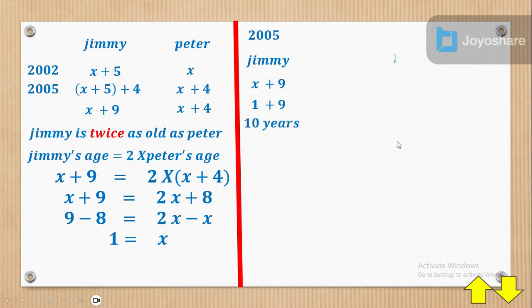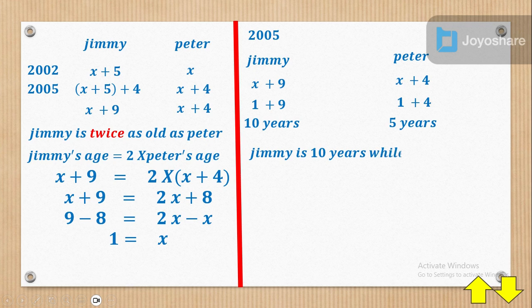Then on the side of Peter, his age is x plus 4, and it will be 1 plus 4. Of course, the value of x is 1. It will give us 5 years. So that's how old they are. Jimmy is 10 and the other one is 5. Now we can conclude and say that Jimmy is 10 years while Peter is 5 years.